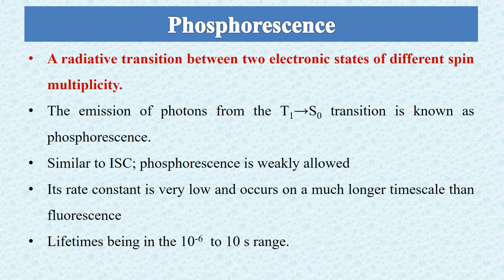The emission of a photon from T1 to S0 is known as phosphorescence. It is similar to intersystem crossing and it is weakly allowed. As it is weakly allowed, its rate constant is very slow and it occurs on a much longer time scale than fluorescence, which we will see in the next slide.